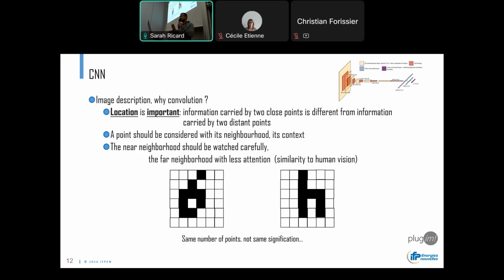And CNN work like this. So we will see it with the multi-scale aspect, but with CNN, you focus on some parts of your image with a lot of detail, and you see some distant and some context with less attention. And it's similar to human vision.